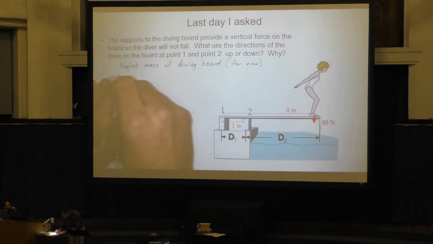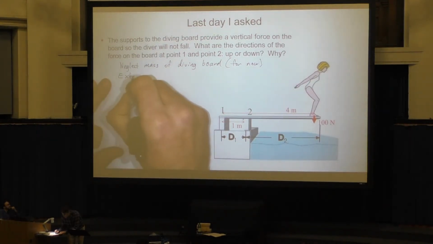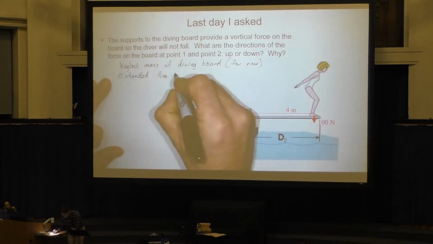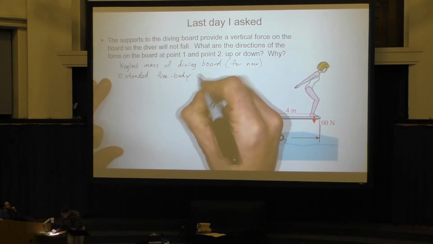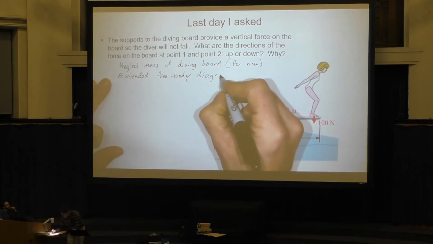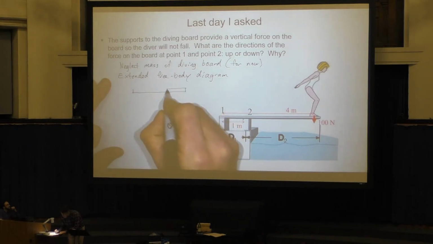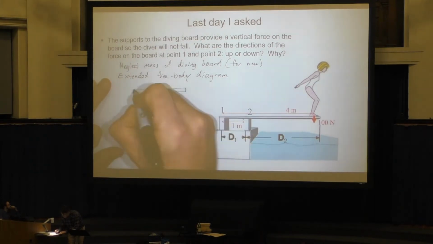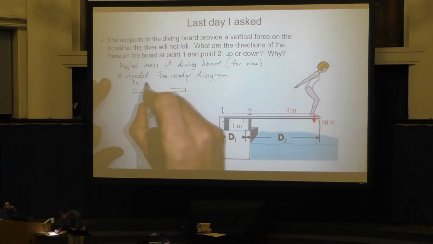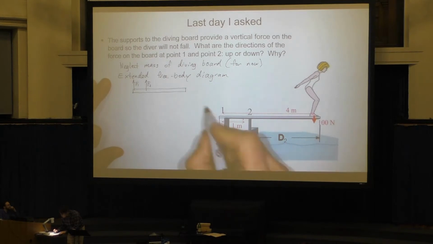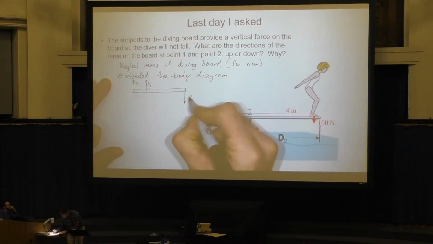But what you do is you draw an extended free body diagram. Which looks like this. You draw the diving board and you draw all the forces that are acting on it. So there's like F1 acting up, right there. There's F2 acting up. And then there's this 100 newtons acting down.